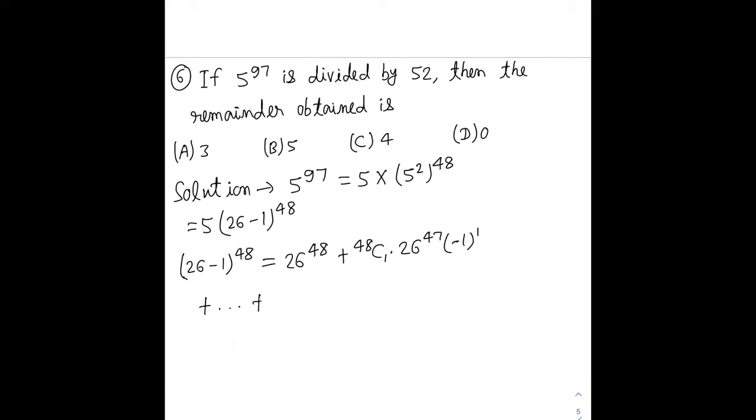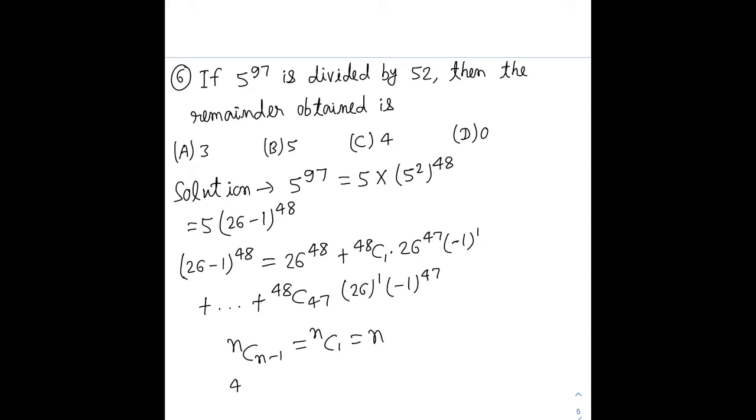Except I think the second last term, you will get 48C47, and power of 26 would be 1, and power of minus 1 would be 47. Now 48C47 is like nCn minus 1, and nCn minus 1 as well as nC1 both are equal to n.